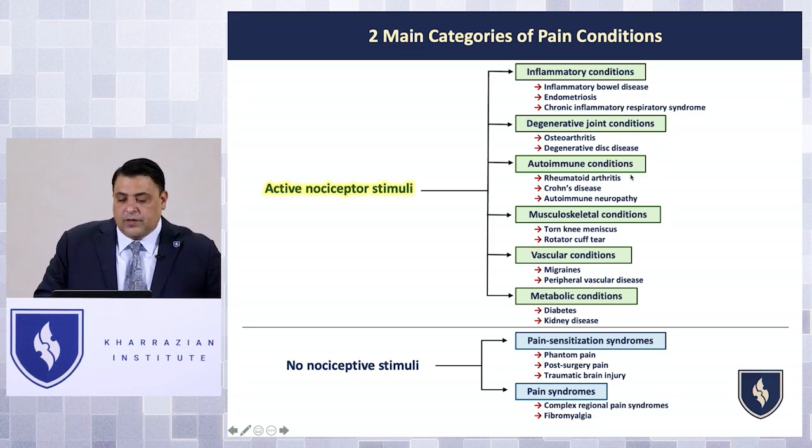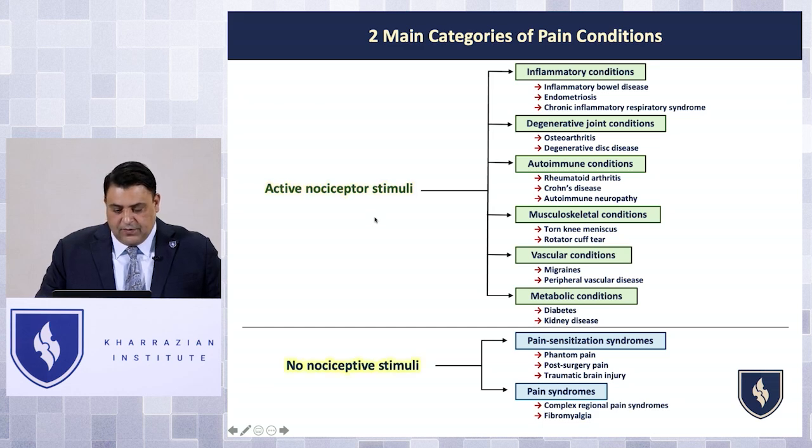It could be an autoimmune condition that leads to pain like rheumatoid arthritis or Crohn's disease or autoimmune neuropathy. It could be a musculoskeletal condition like a torn knee meniscus or rotator cuff tear. It could be a vascular condition like migraines or peripheral vascular disease, or it could be a metabolic condition like diabetes or kidney disease. So these are all pain conditions that have active nociception stimuli happening to them.